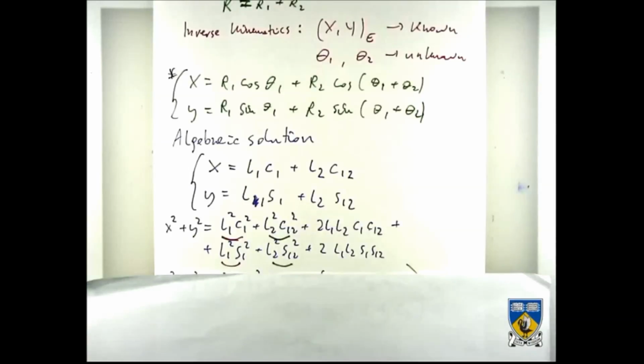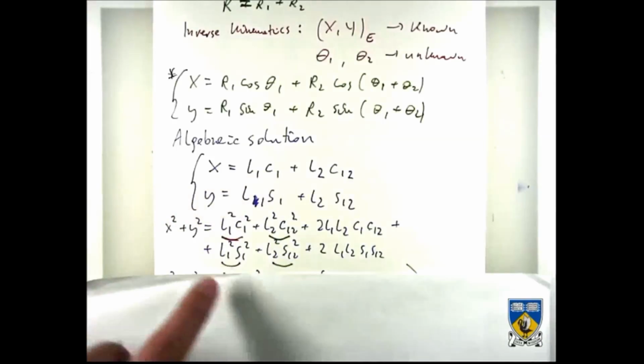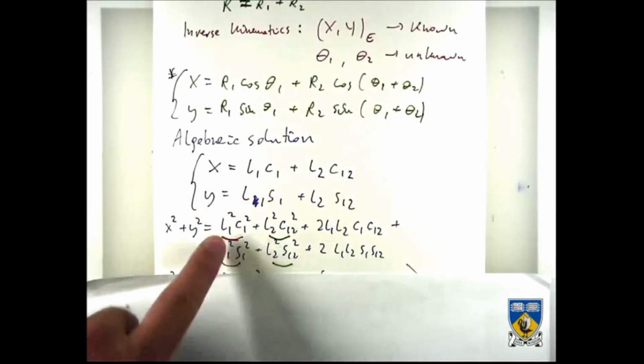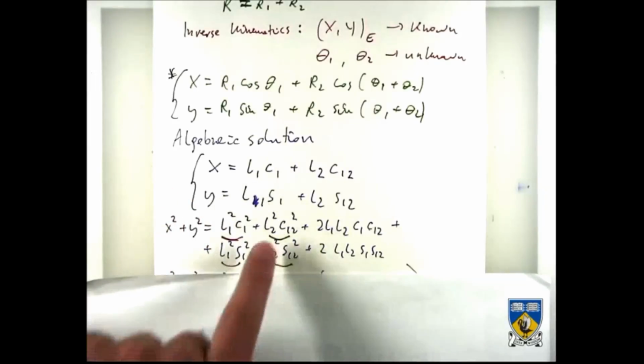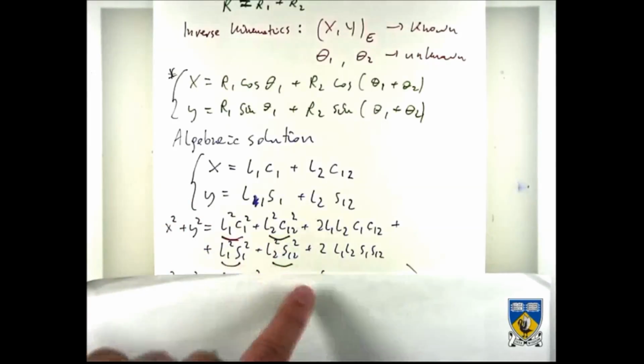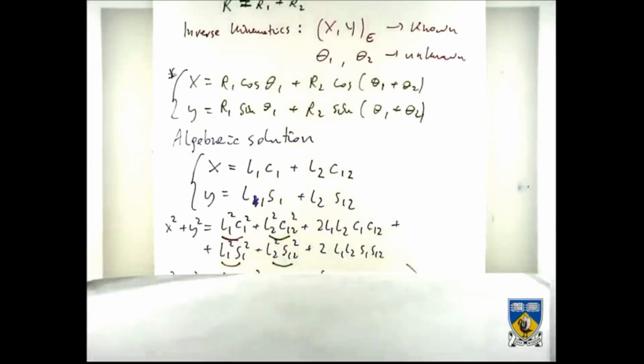Now, we can see that some things begin to look familiar, right? The stuff underlined with red is S1 squared plus C1 squared, which is 1, right? And the stuff underlined in green is S12 squared and C12 squared. If you add them, it's 1, okay?